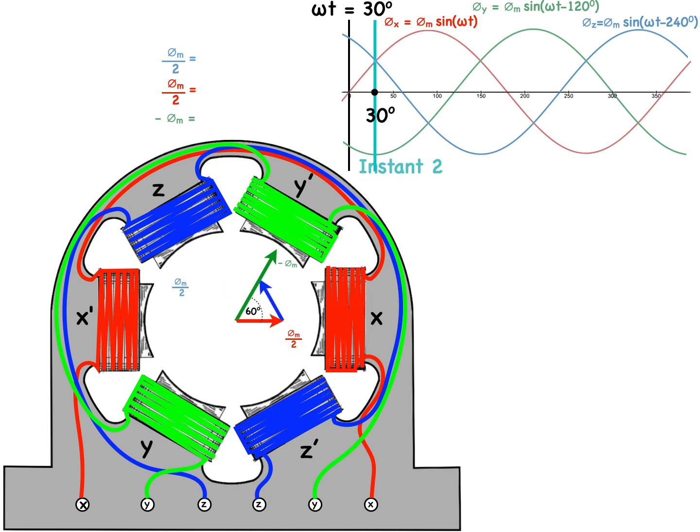We're going to add the three phasors together. So we put the tail of one on the head of the other in a series, and the resultant, which I will label phi subscript r, will be the vector sum of all three phasors.